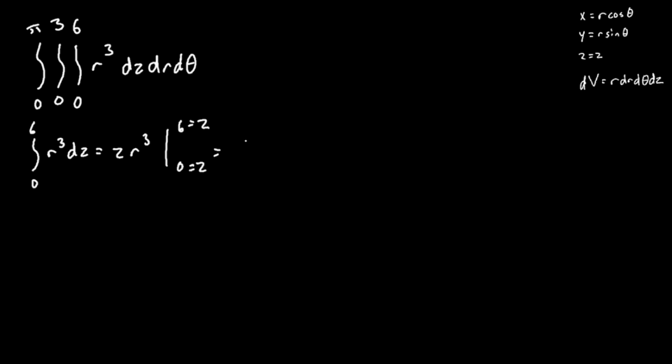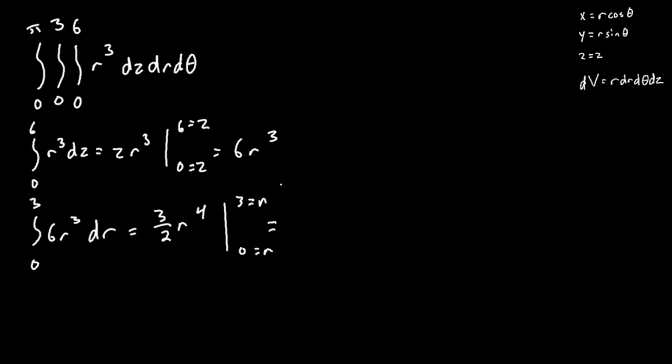If you substitute 6 in, you get 6r cubed. This is our new integrand, so let's integrate with respect to r now. If you integrate this with respect to r, you get 3 over 2 r to the power of 4 from 0 to 3.